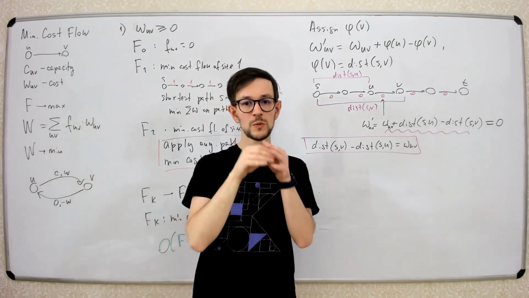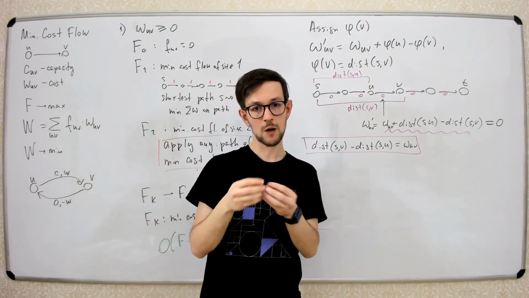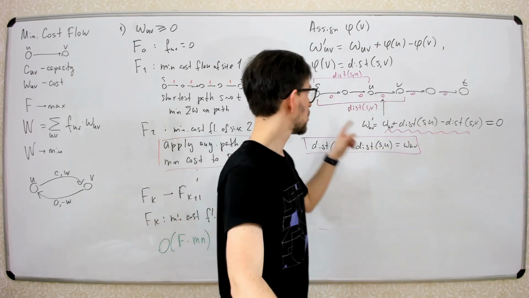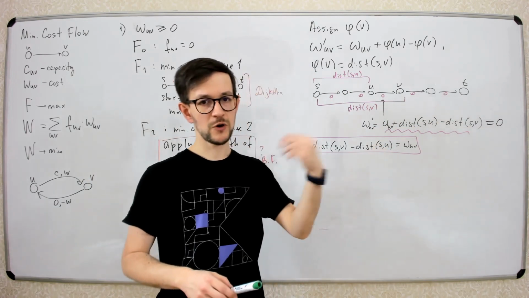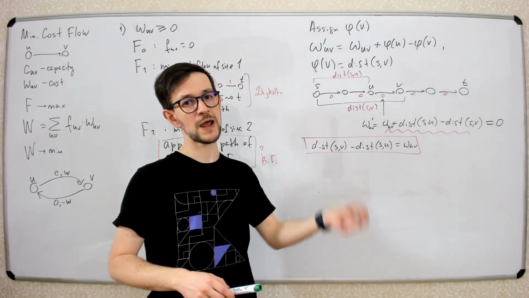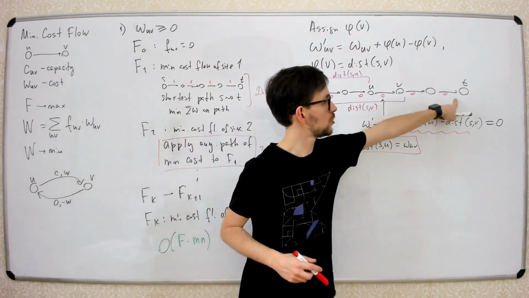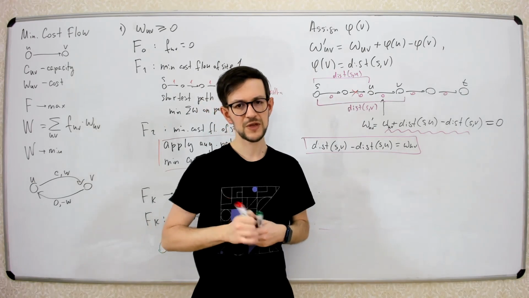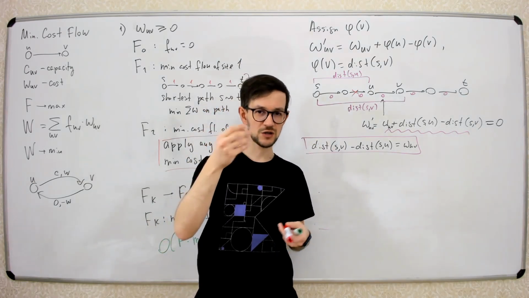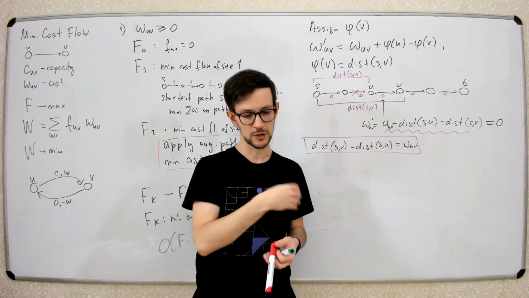Now, how will the residual network be changed when we apply this shortest path? So when we push one amount of liquid along this path, some edges will be removed from the residual network. Some edges will be added to the residual network. If the edge had capacity 1, then we decrease the residual capacity by 1, it becomes 0 and is removed from the residual network.